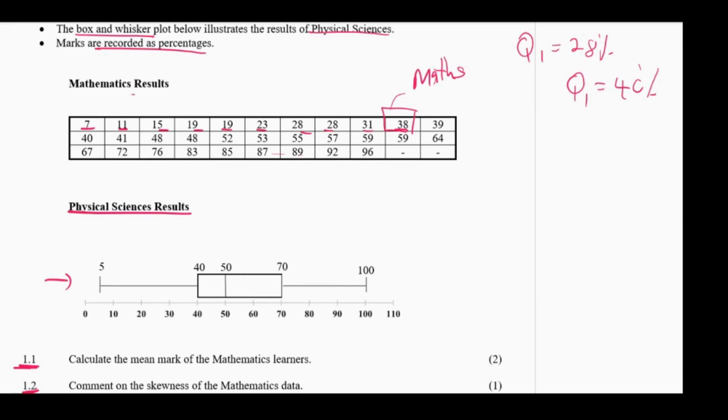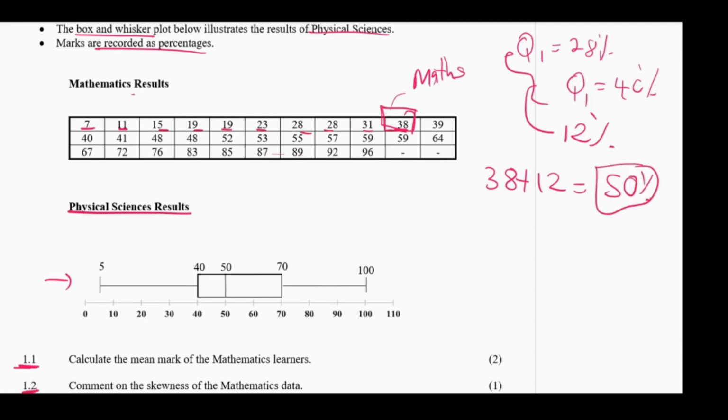The difference between these two is 12%. So if we add 12% to this 38, it's going to give us 50. So we can assume the learner got 50%, or someone can assume any number between just above 38 and 50. I will just take the final answer to be 50%.